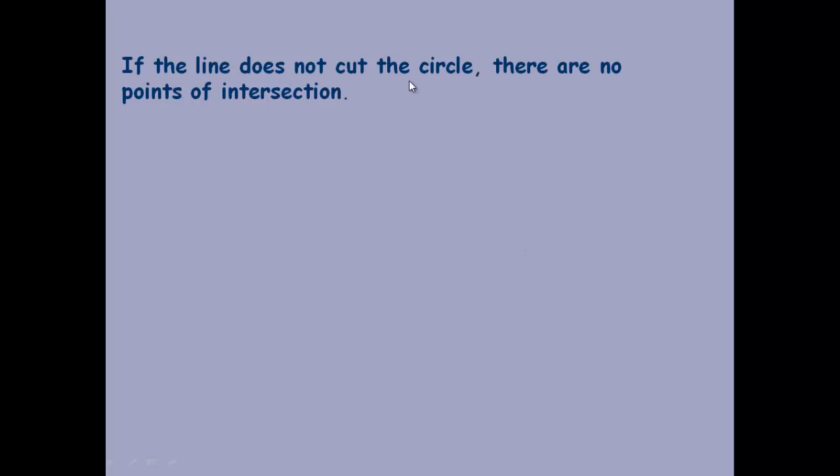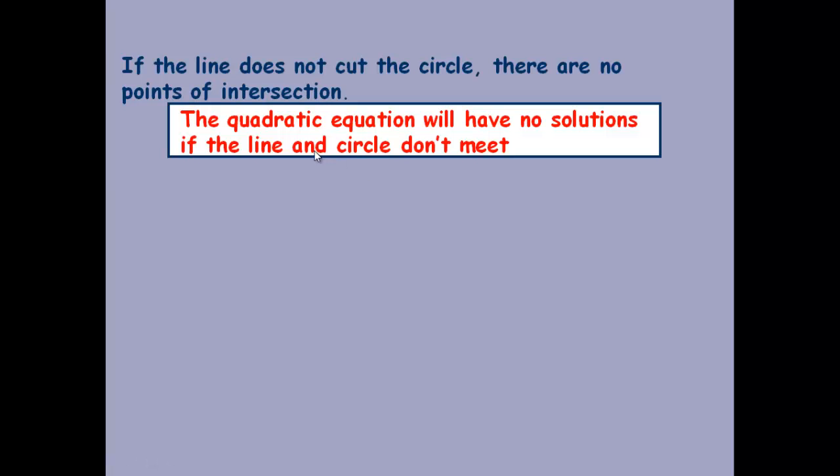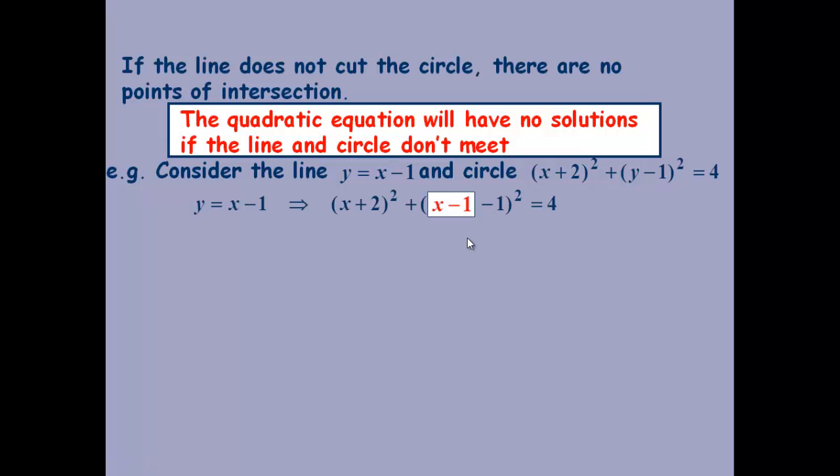If the line does not cut the circle, there are no points of intersection. So if it's a quadratic, we get no solutions when the discriminant is negative. So if we consider this line and this circle here, same process as before. We sub in the x minus 1 for the y here.